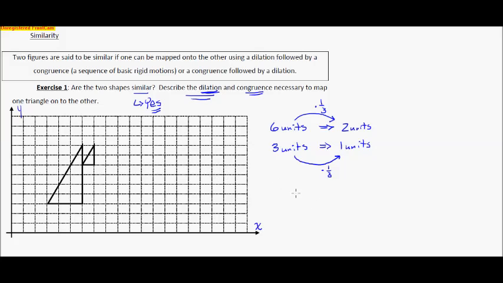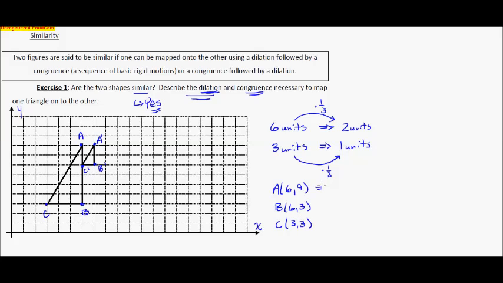I'm going to write down the coordinates of the points. I'm going to label these points and then write down what they would change to if we did a dilation. This is going to be A prime, B prime, and C prime. Here are the 3 points that I'm going to start with, the big triangle.